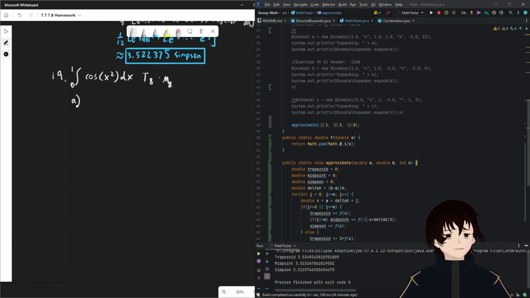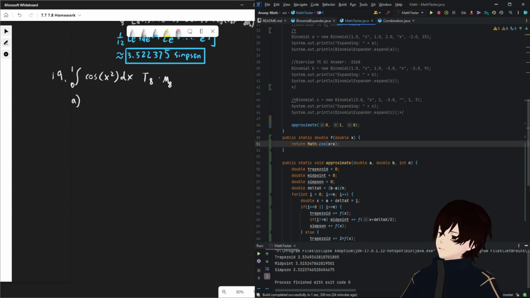So A, let's use our program. From 0 to 1, interval of 8, our function is going to be Math.cos(x * x). See how simple that is, but how would I go about converting a string to a function? I need to know.